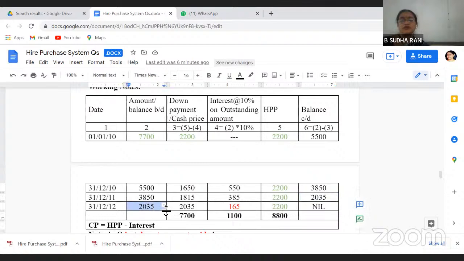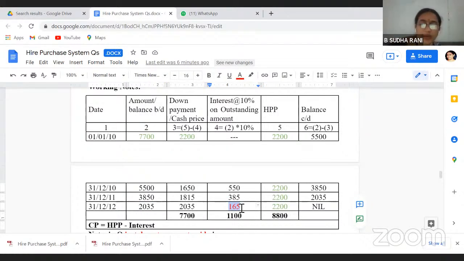Again, from this third year ending cash balance, you calculate the interest. But in the last year, don't calculate interest. What is the balance payable? 2,030. But what is the installment you are paying? 2,200. So for the last installment, from the installment you subtract the cash balance and find the interest amount.